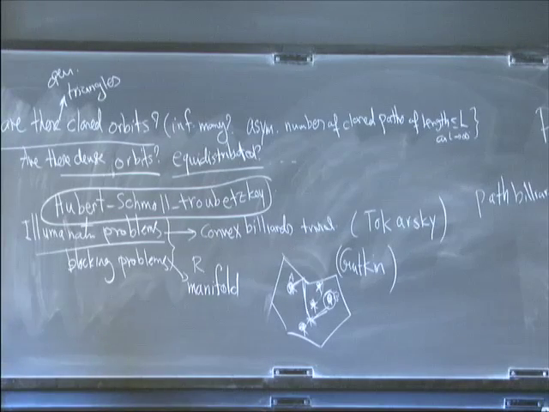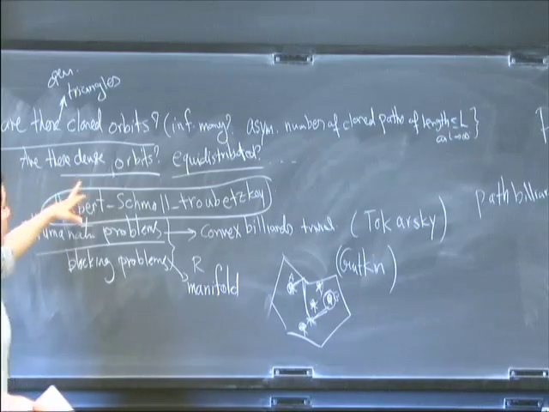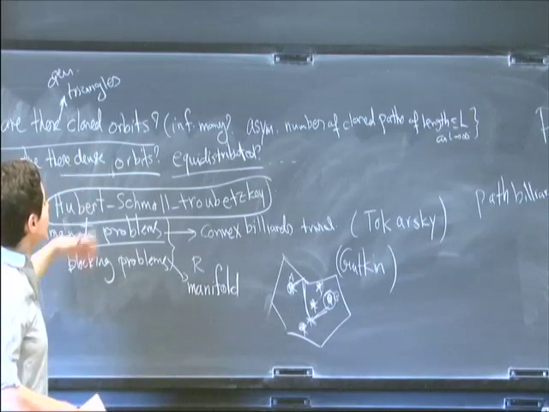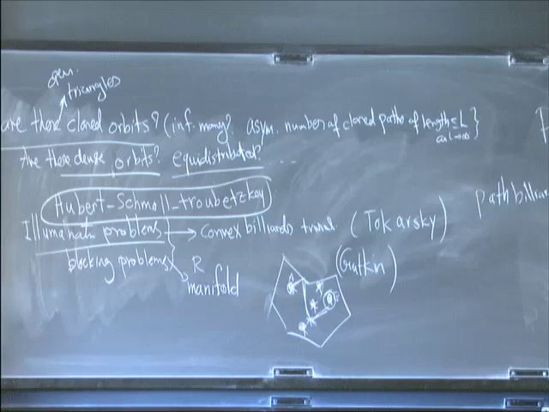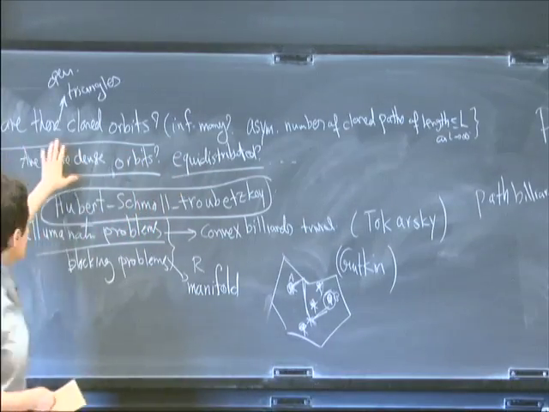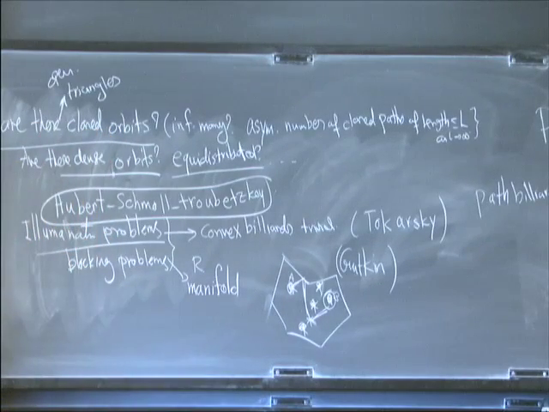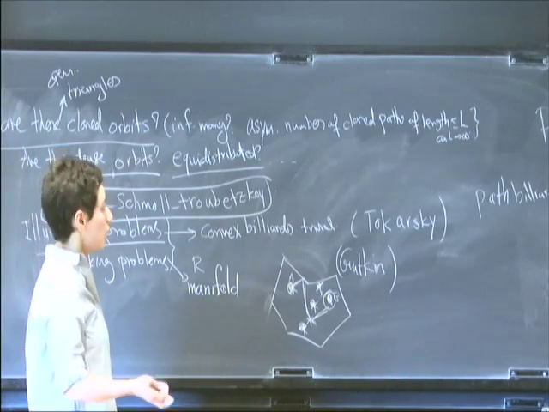But still, even in rational polygons, there are always dense orbits, but there are orbits which are dense and are not equidistributed. I'll discuss them and you'll see how. You can get some bounds about the number of closed orbits of length less than or equal to L, but getting the exact asymptotics is more difficult.